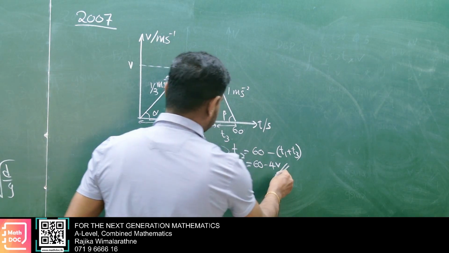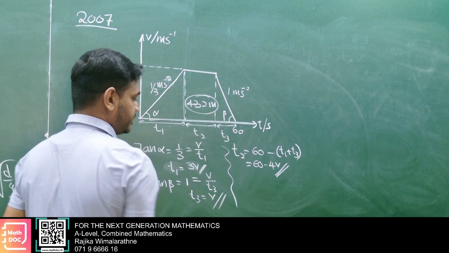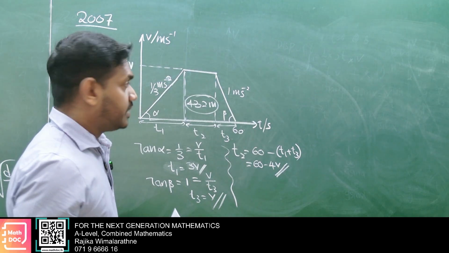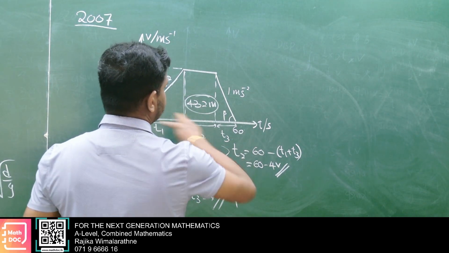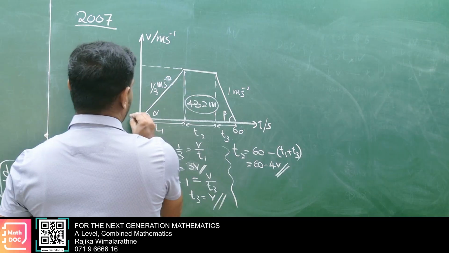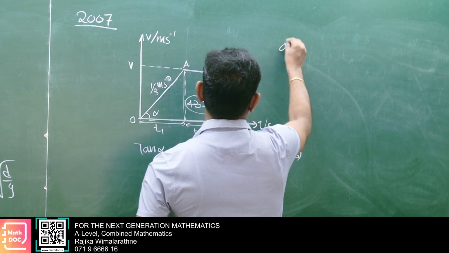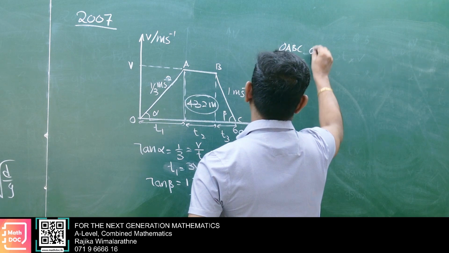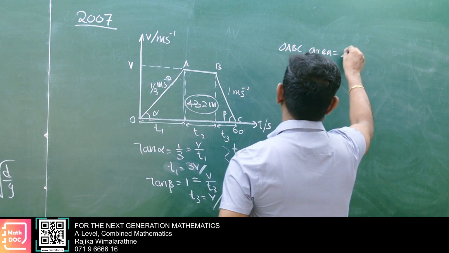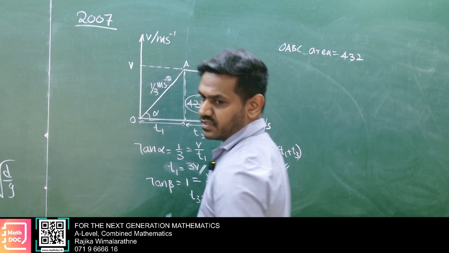Here constant velocity time, acceleration time, retardation time. Then full displacement given, area OABC is 432. Continue.